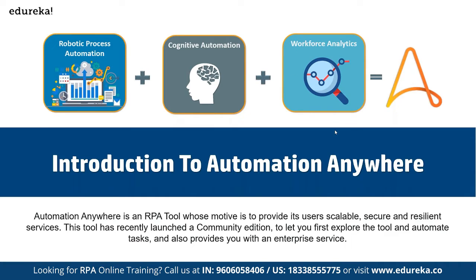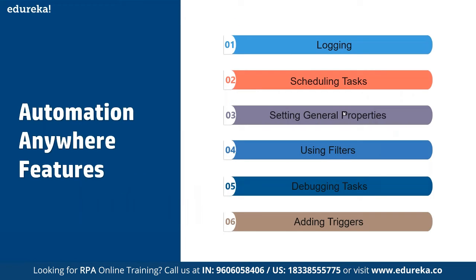Automation Anywhere, as we discussed, is one of the most popular RPA tools available. If we talk about the features given to us by Automation Anywhere, there are multiple features available. The first feature is the ease of use, and it has a good market presence as well.